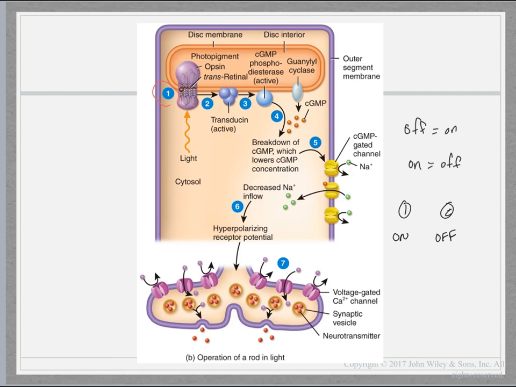Now light strikes this photoreceptor, which causes the photoreceptor to be hyperpolarized. Well, how is it being hyperpolarized? This is due to the activation of opsin, which activates transretinol, giving energy to stimulate a G protein coupled receptor to activate this right here, PDE, phosphodiesterase, which cleaves cGMP into 5'-GMP.